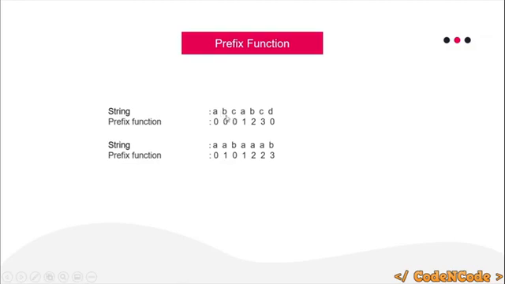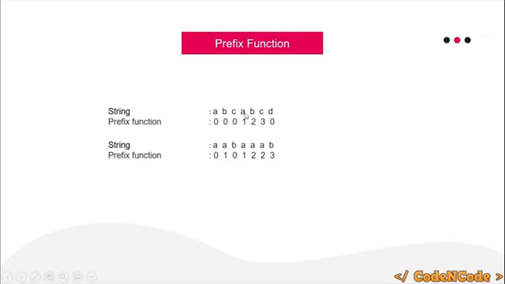For pi of 1, the whole substring is AB and the proper prefix is A. The length 1 proper prefix is only A and the length 1 proper suffix is only B. A is clearly not equal to B, so the answer is 0.